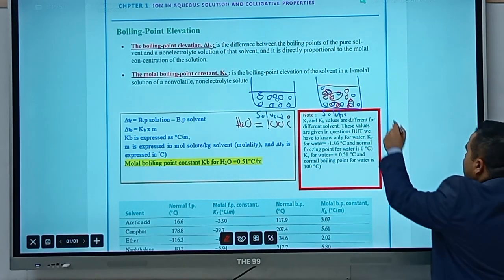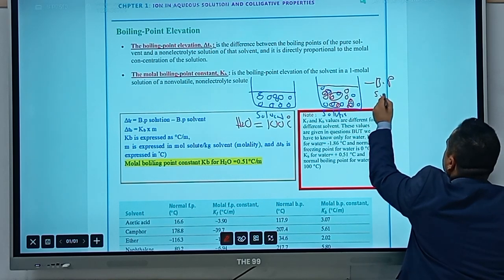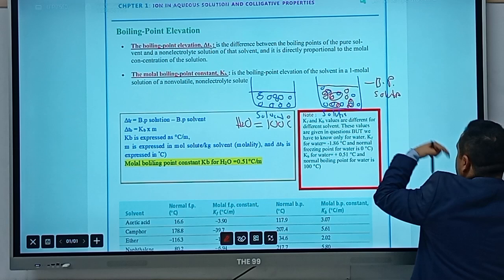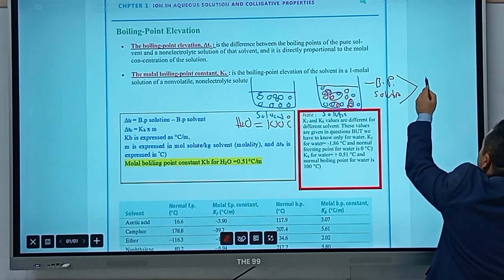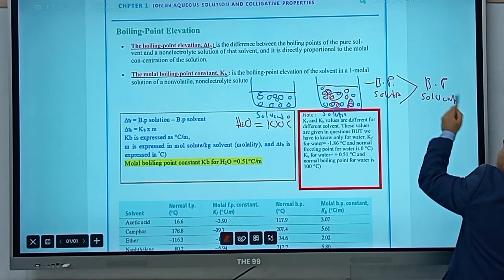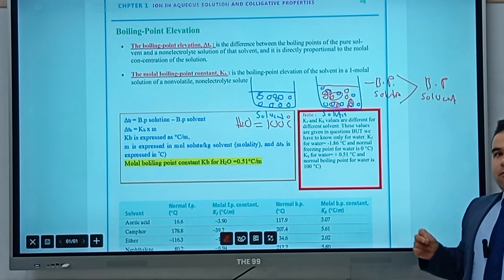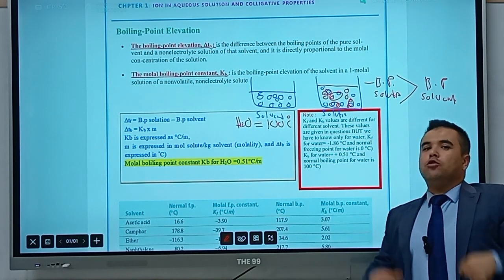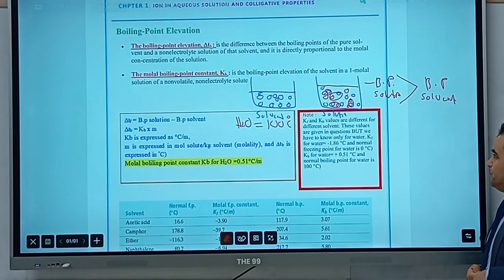So we can say simply that the boiling point of solutions is higher than the boiling point of solvents. Unlike the freezing point and vapor pressure, the boiling point of the solution is higher than the solvent, not the solvent higher than the solution. This is the first statement.